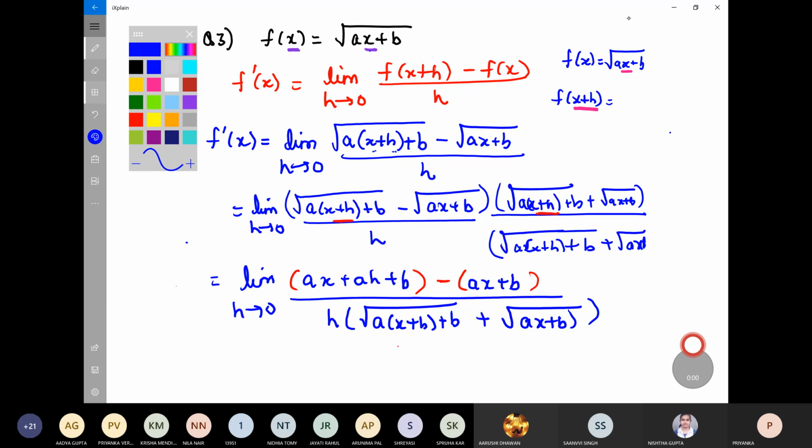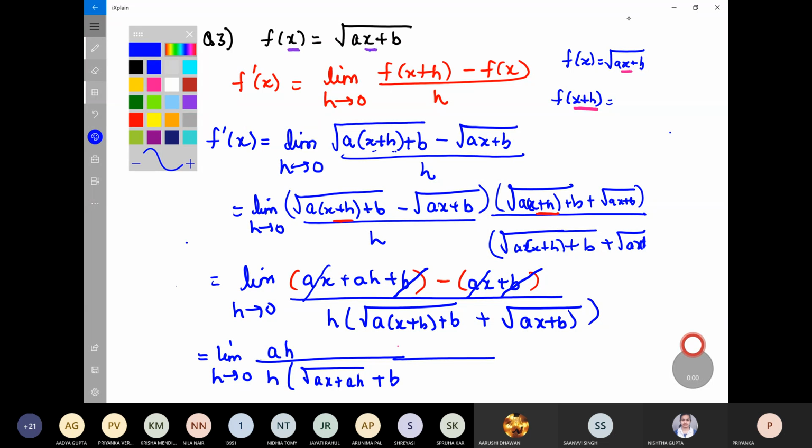When you open the bracket, ax will get cancelled with ax, b will get cancelled with b. So you are left with limit h tends to 0, ah upon h into root of ax plus ah plus b plus root of ax plus b. है ये चीज? सब देखकर बताएंगे मुझे.